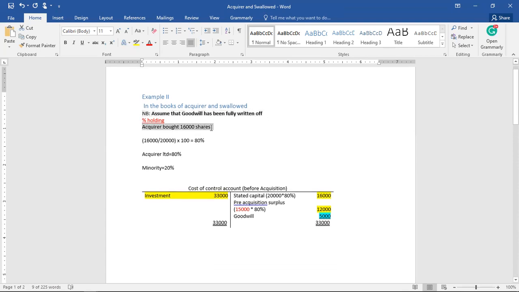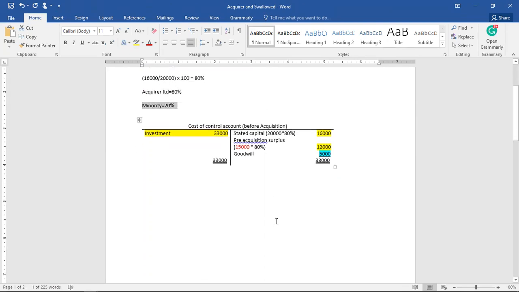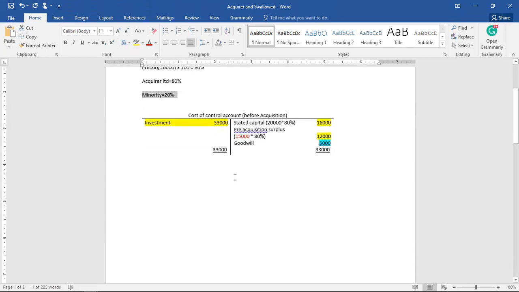Acquirer bought 16,000 shares. So I asked myself, how many shares is Swallowed having? So Swallowed is having 20,000 shares. So 16,000 out of the 20,000 shares gives me 80%. So acquirer is having 80%. Minority will be having 20%. So straight away, I look at my cost of control account.